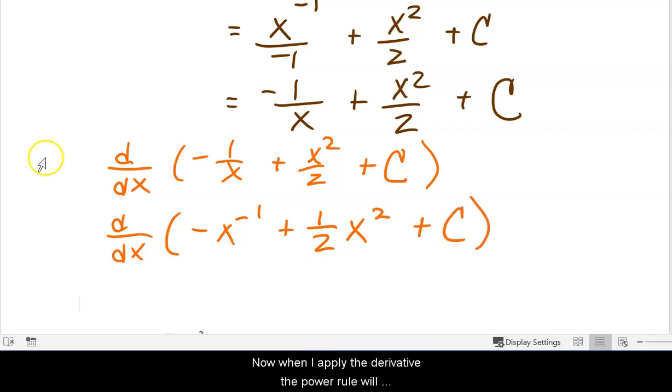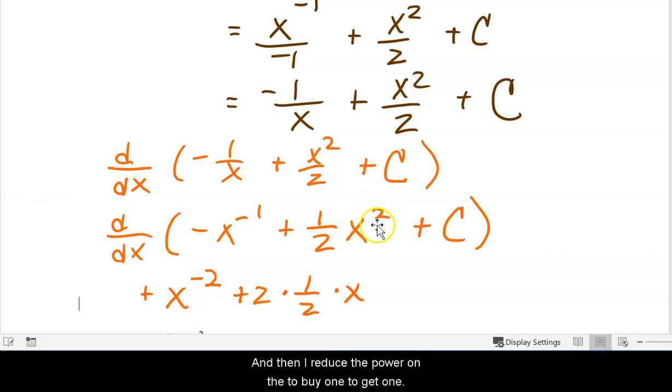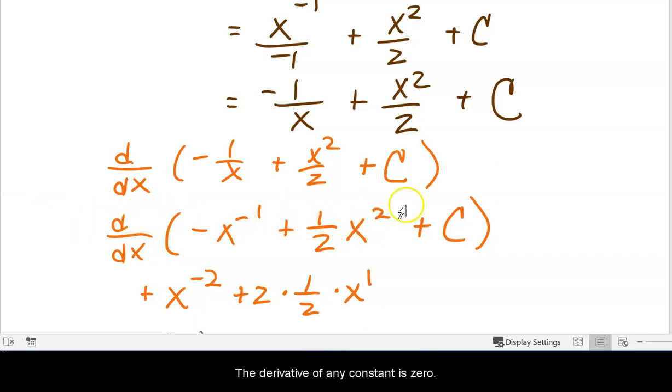Now when I apply the derivative, the power rule will bring the negative to the front, and a double negative will give me a positive x, and then I will subtract 1 from the negative 1 power to get negative 2. On the second term, the 2 power pulls to the front to multiply by the 1/2, and then I reduce the power on the x by 1 to get 1. The derivative of any constant is 0.